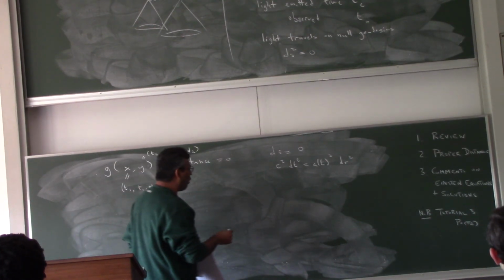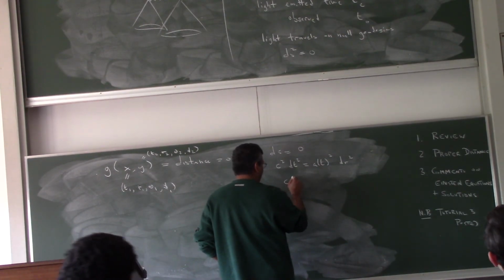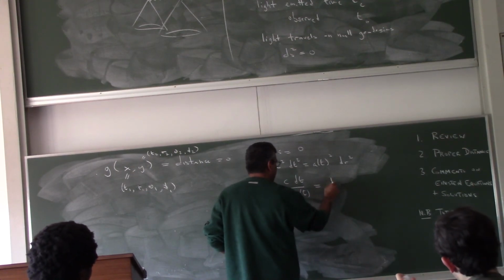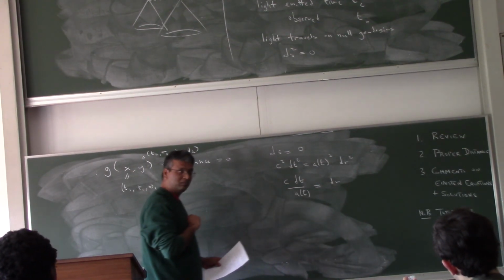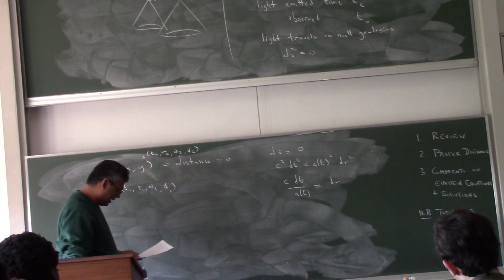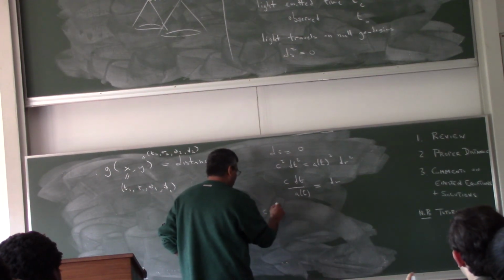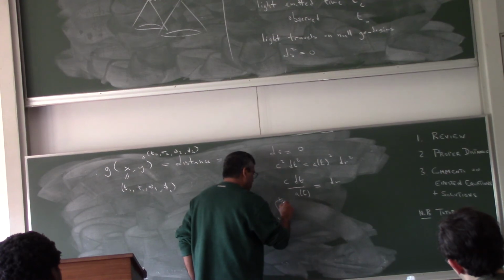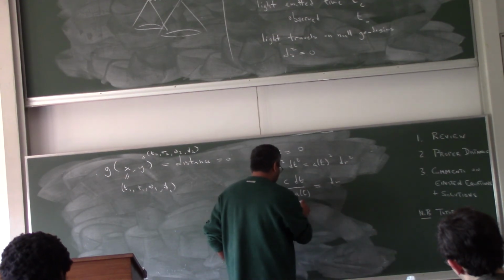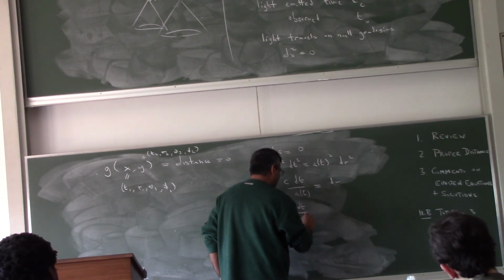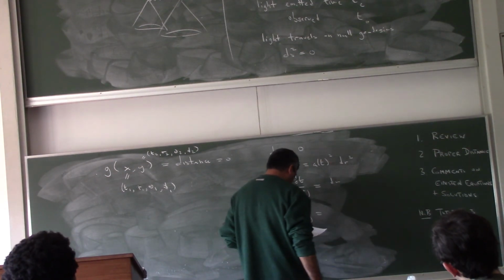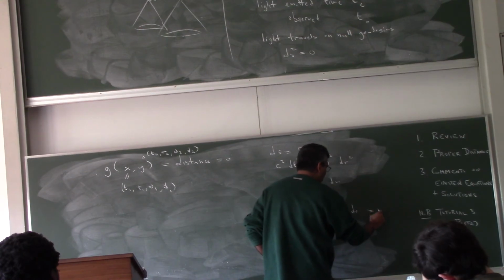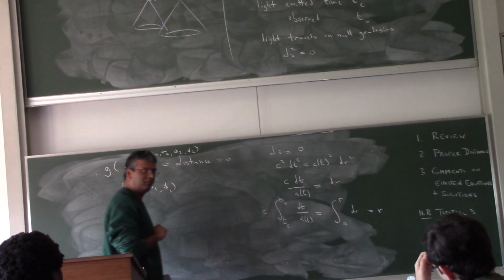So now, solving this equation, we have c dt over a of t equals dr. And we integrate this, c times the integral from time of emission to time today of dt over a of t equals the integral from 0 to r of dr, which is r. Okay?